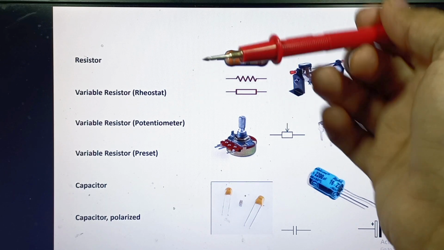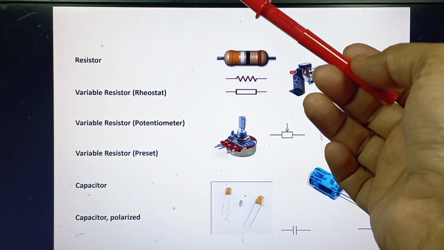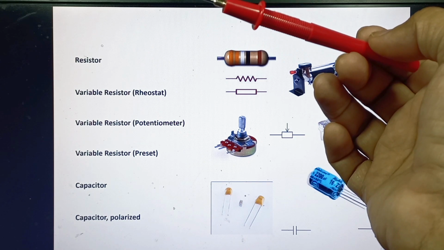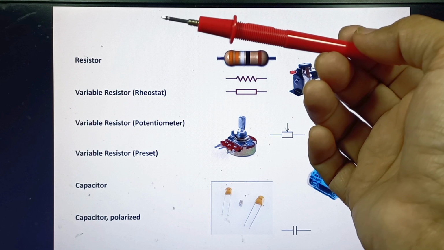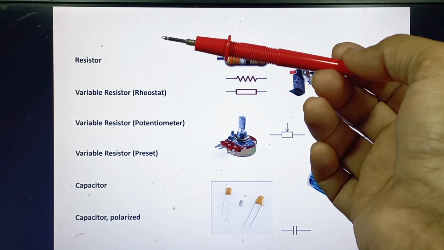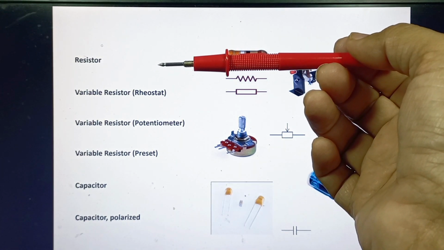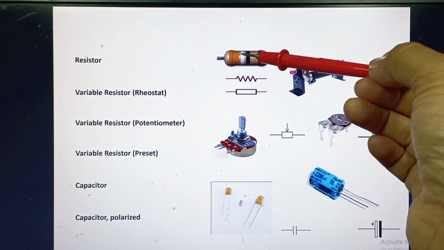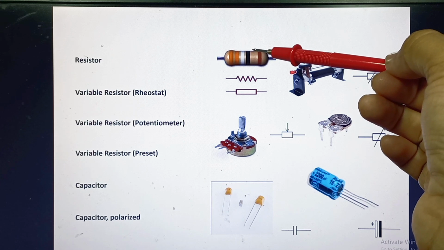Its unit is ohms, whereas some multiples of ohms are kilo ohm, mega ohm, etc. We can measure its value either through a digital multimeter or by reading its color bands. These are the color bands you can see over here.